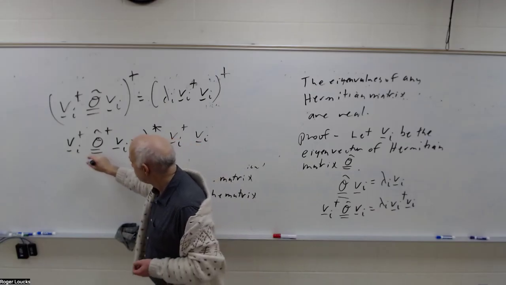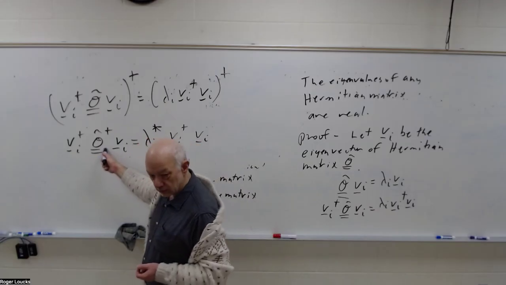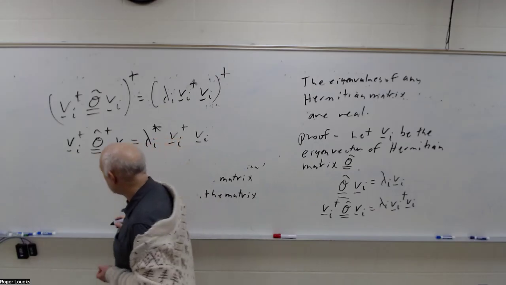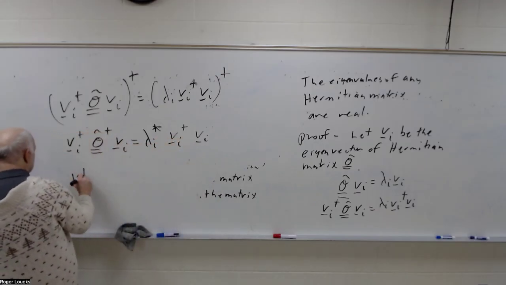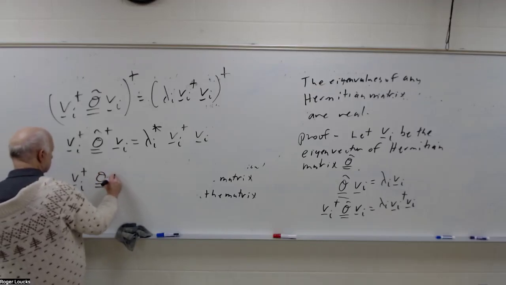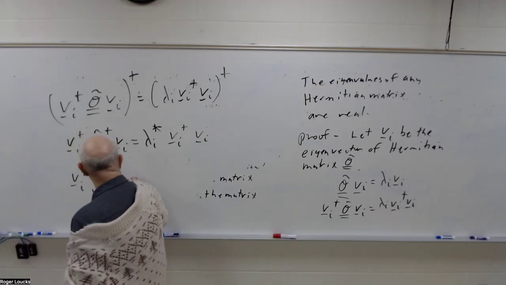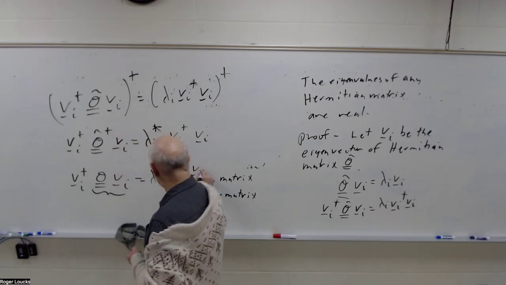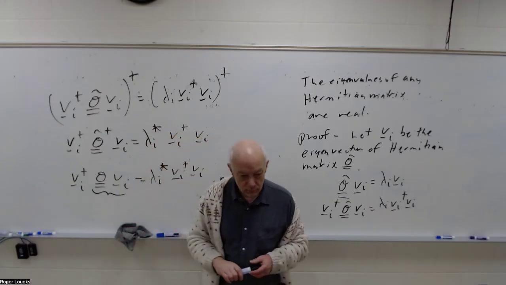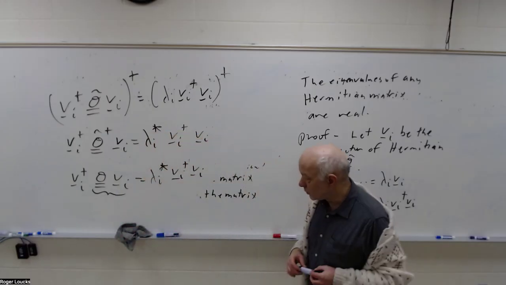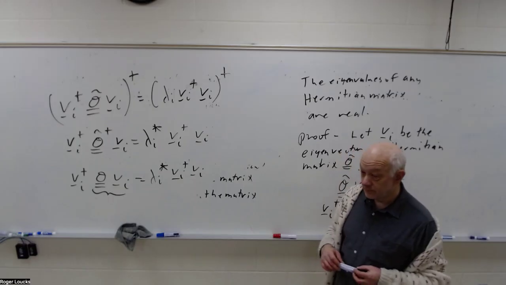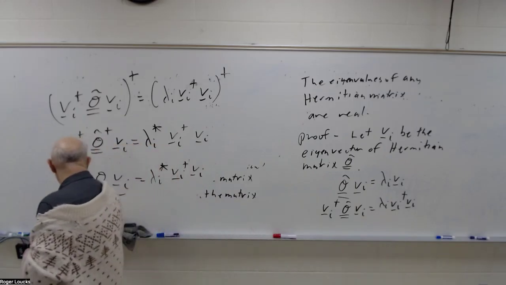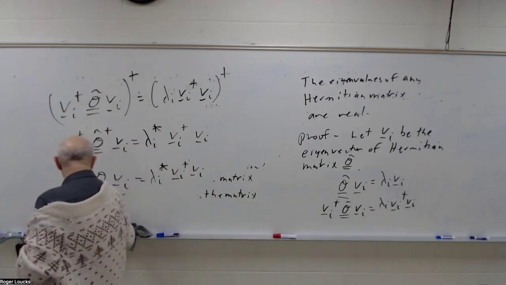Now this is Hermitian, so what does this equal? This is just O. That's O acting on v_i, equals lambda_i v_i.